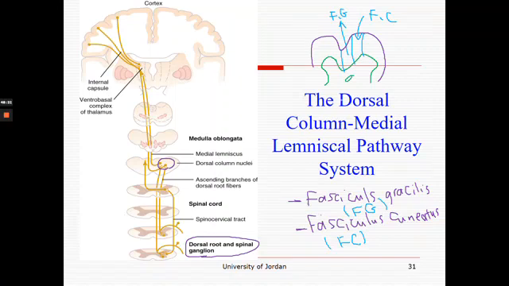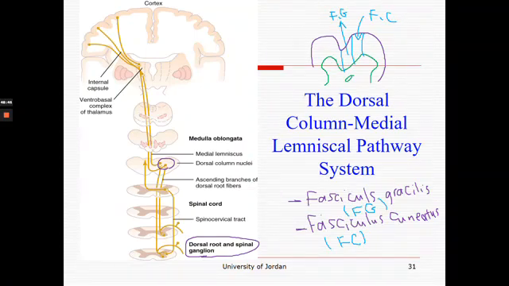The fasciculus gracilis transmits the information from the lower part of the body, from the lower limb. The fasciculus cuneatus transmits the information from the upper part, from the upper limb. They run until they reach their respective nuclei in the medulla.